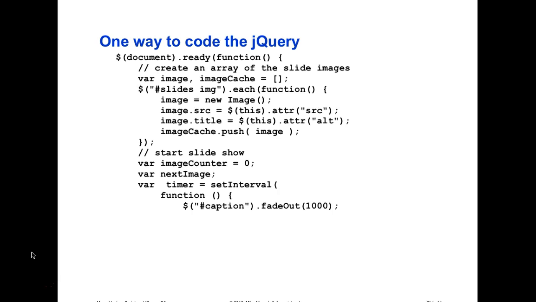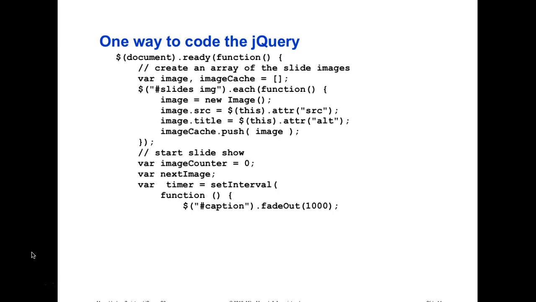Now, you know these as for loops, while loops inside JavaScript, but jQuery again has this each loop, which is a big part of its syntax. And it mimics the forEach loop of JavaScript. So we're saying for each image tag in this collection of images in the slides div, for each one of these, let's create a new image, source it to be whatever the source attribute is for each picture, and then the title will be the alt tag.